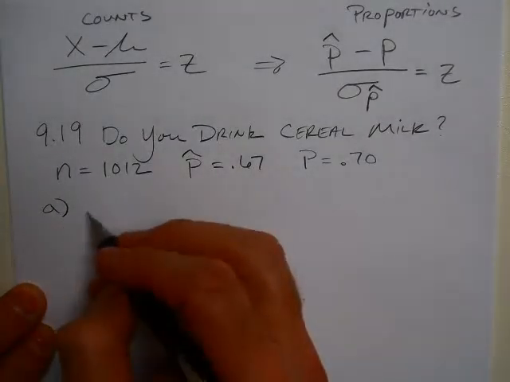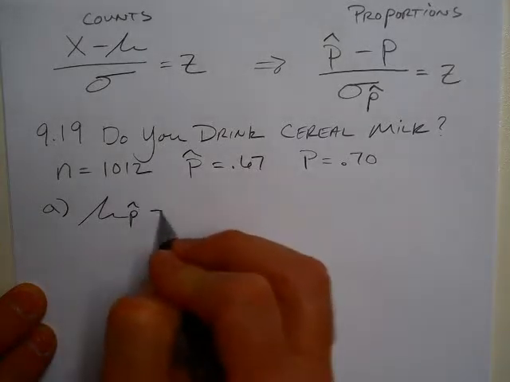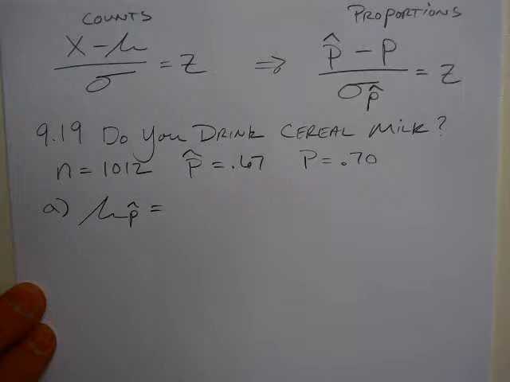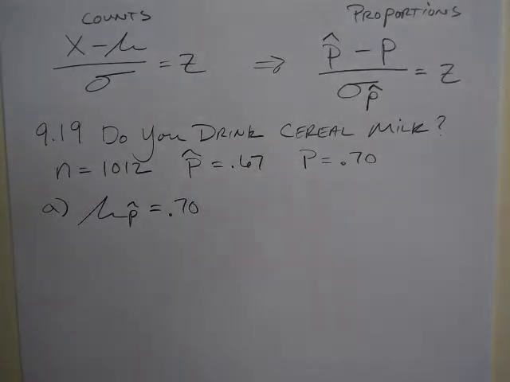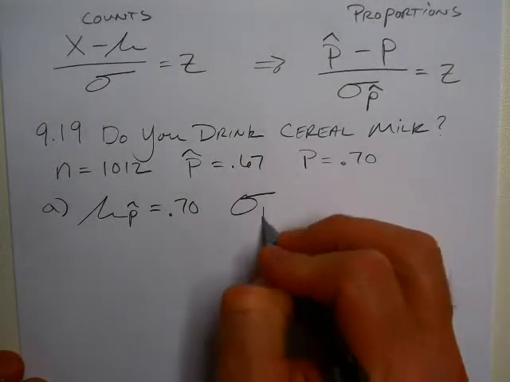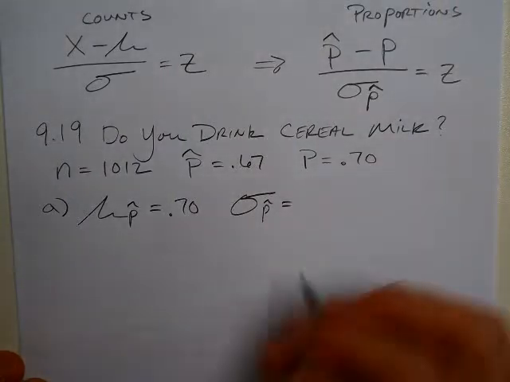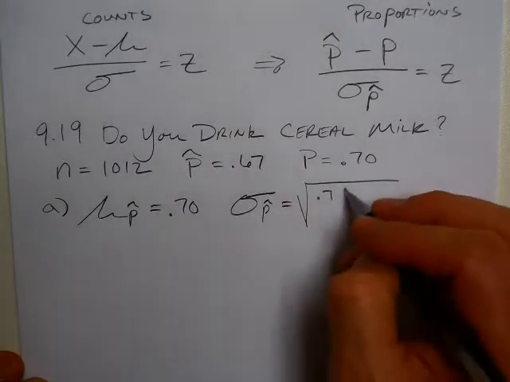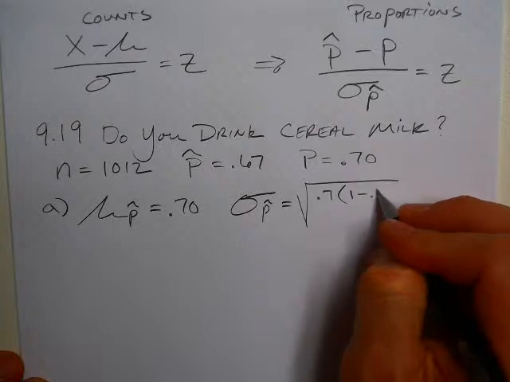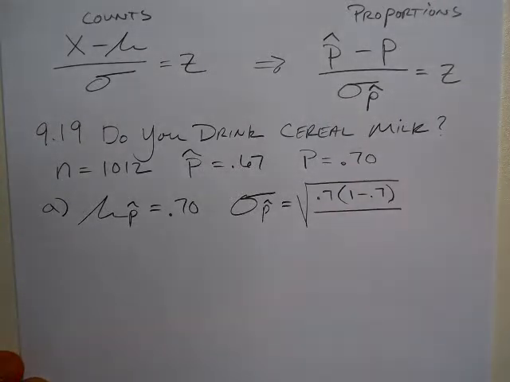Well, mu of p hat is just p. So it's 0.70, or 0.7 if you want to drop the 0, that's fine with me. That's the easiest mean calculation there is. It's p. So sigma p hat is the square root of p, 0.7, times 1 minus p, 1 minus 0.7, over the sample size.